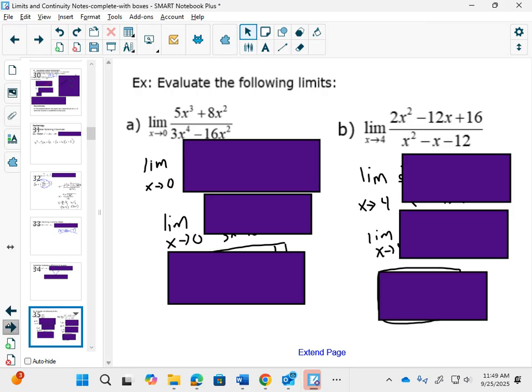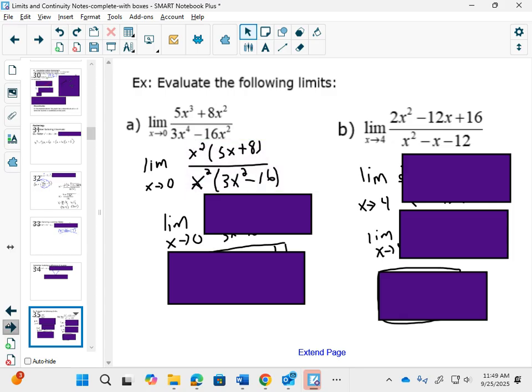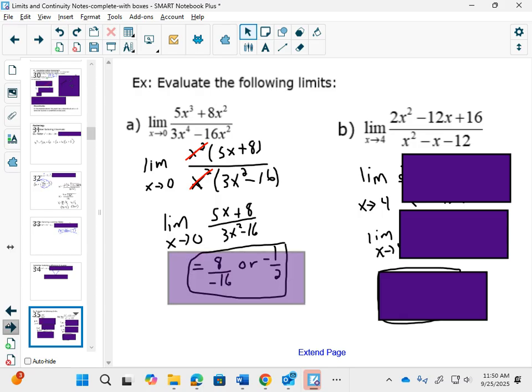Well, let's see if you could factor and have things simplify. In both your numerator and your denominator, you have a common factor. We can take out an x squared. And then those x squareds would simplify. That's nice. And then what we're left with is something you can plug 0 into. If I plug in 0 now, I get 8 over negative 16, which is negative 1/2.